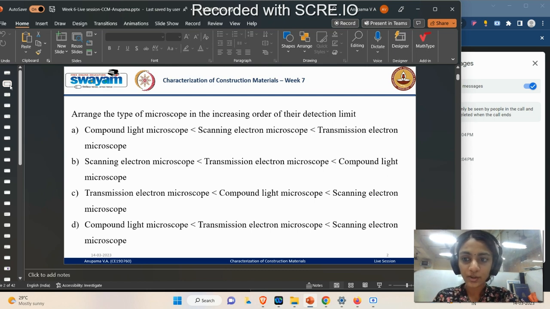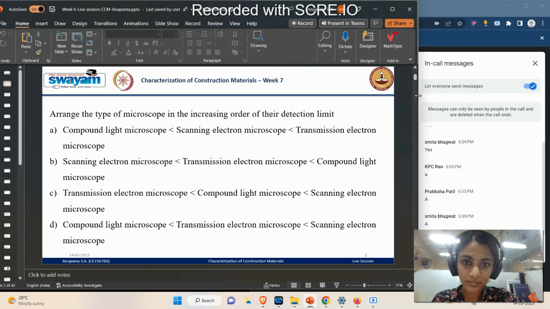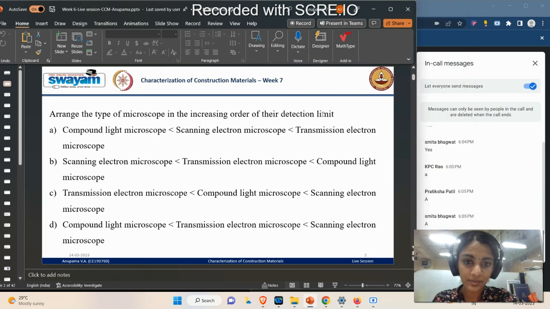Option A, compound light microscope cannot detect as much as the scanning electron. It cannot detect as much as transmission electron microscope. So here, increasing order of the detection limit. This means that the option A means that transmission electron microscope can detect more than scanning and compound light microscope.